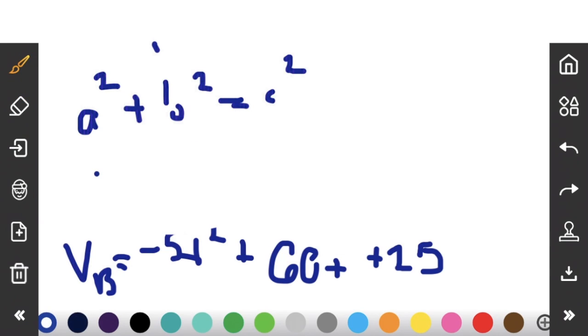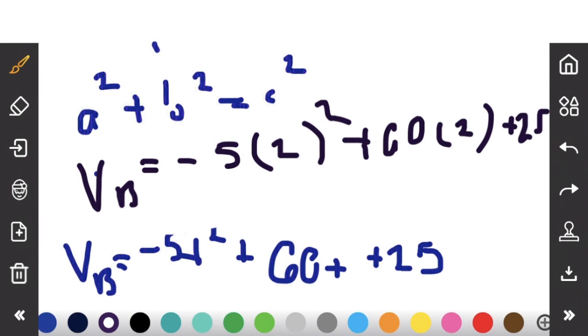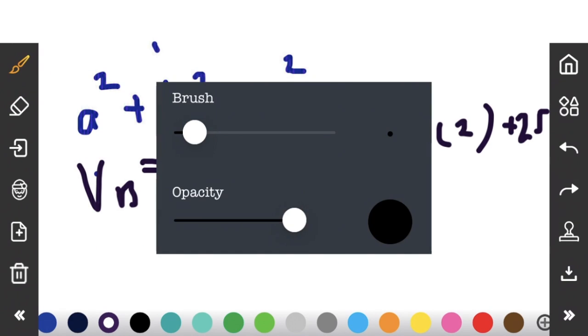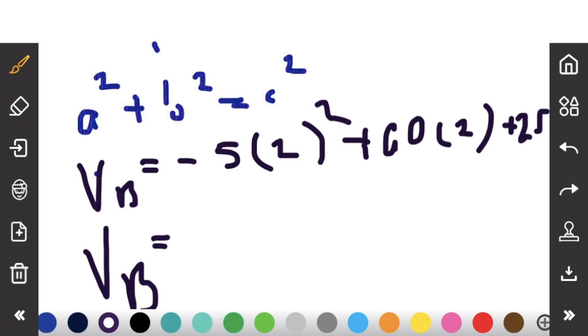So that would be VB equals negative 5 times 2 squared plus 60 times 2 plus 25. And so what that equals is VB equaling 125. Right?